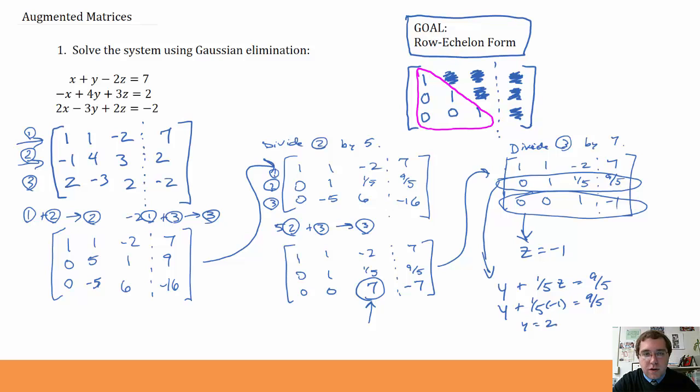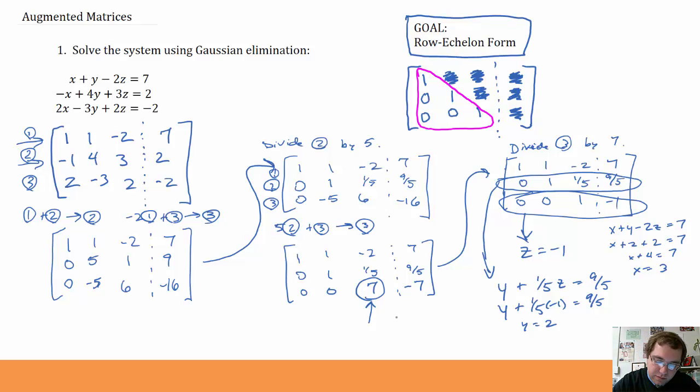Almost done. I just need to find x. So I go back to the top row now. That top row says that x plus y minus 2z equals 7. Well, I know y is 2. z is negative 1, so that makes it a plus 2 equals 7. So x plus 4 equals 7, and x equals 3.